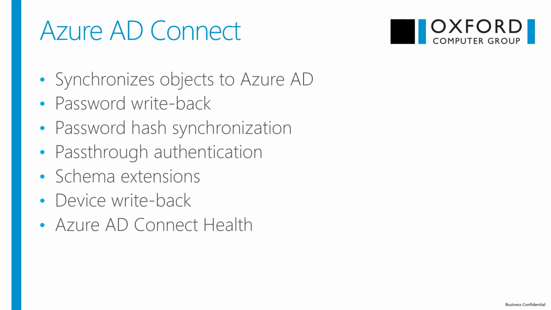You can also extend the schema, so you can add attributes, either already existing attributes from your on-premise Active Directory, or if you've extended the schema of your on-premise Active Directory, you can include those to be synchronized up to the cloud. There's also device write back, and then there's Azure AD Connect Health, which not only can monitor the sync engine of Azure AD Connect itself, but it can monitor ADFS servers if you're using ADFS.